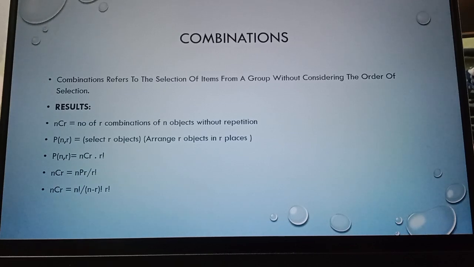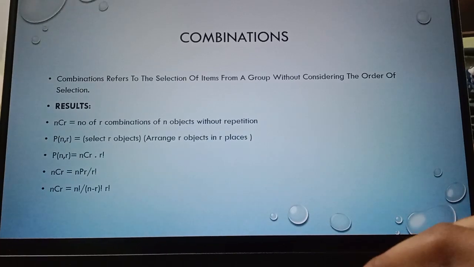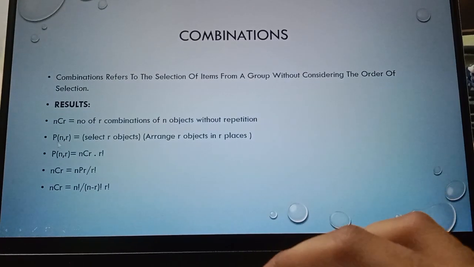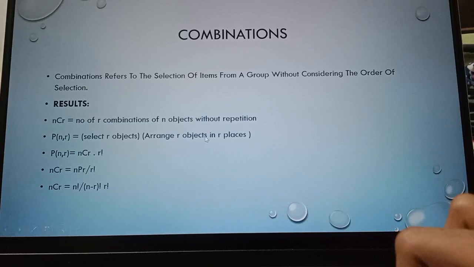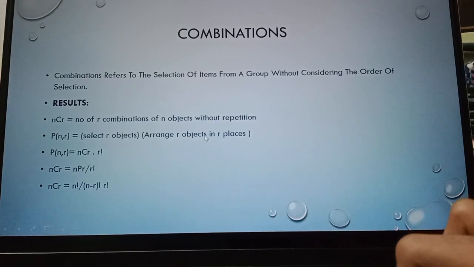And for deriving this formula, generally, what is a permutation? As I mentioned, it is a selection and arrangement process. Both combined is called permutation, right? So nPr equals selecting all objects and arranging r objects in r places.